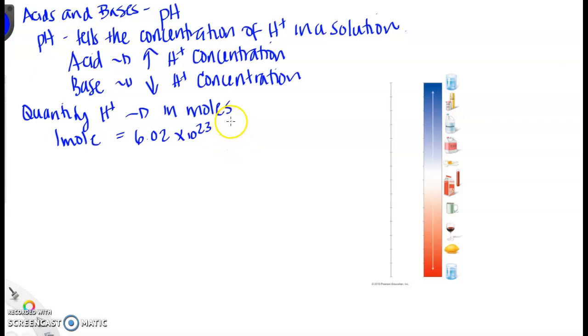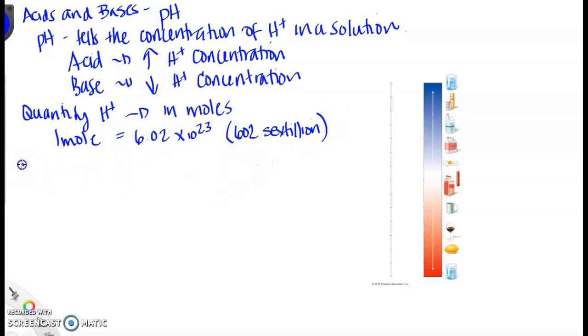Basically that's 602 sextillion. That's like a phenomenal number. I mean, it's enormous. Okay, 23, got to move the decimal 23 times to get to 602 sextillion.